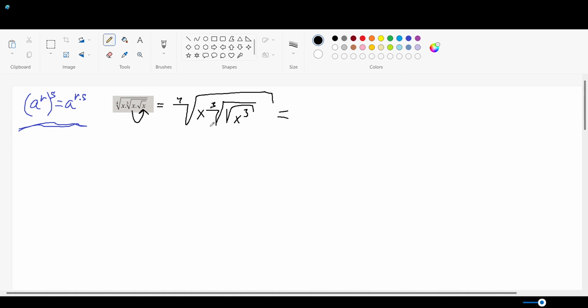Okay, now I can simplify these two radicals, so it will stay like the fourth root of x times, and we already know that we have to multiply, so this is gonna be sixth root of x to the power of 3.